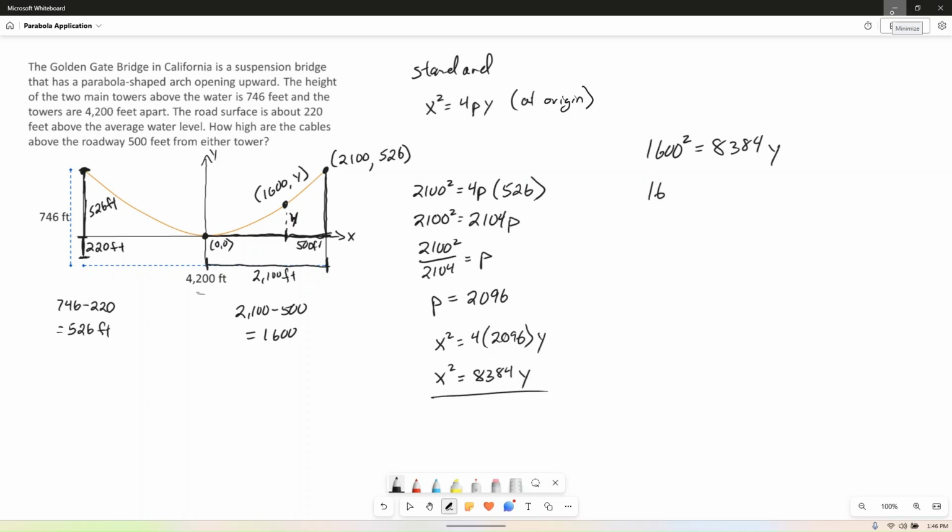I'm just going to leave it there, but we're going to divide both sides by the 8,384 value. So 1,600 squared divided by 8,384 has to equal y. And if we compute that on our calculator, we will get a value for y of 305.34 feet.